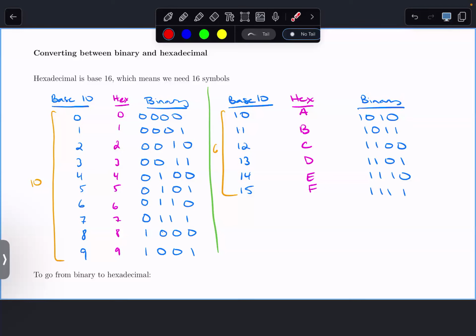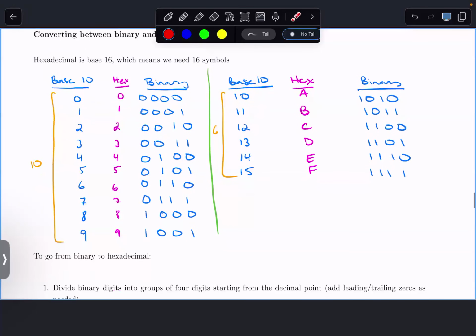I cheated and wrote this out already. In base 10, we go up from 0 to 15, and hex goes 0 to 9, but then we switch to A, B, C, D, E, F, taking the place of 10, 11, 12, 13, 14, 15 in base 10.